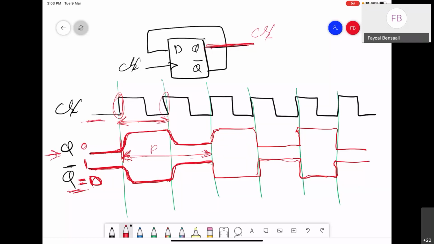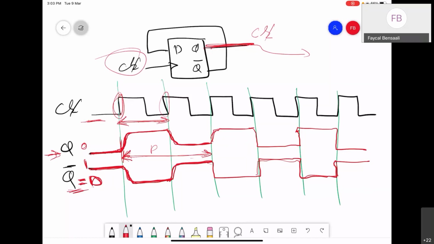So I can use this Q to feed into another circuit or another flip-flop where we need a clock that is half the frequency of the original clock. And you will see some examples later on, yeah?